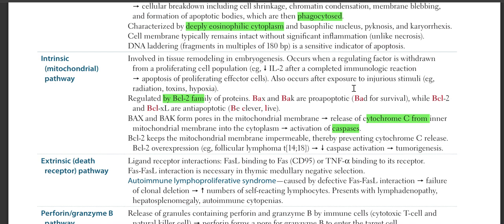So these are the three things you need to remember. One, BCL2 gets damaged. Because BCL2 is damaged, you have cytochrome C released from the mitochondria. This cytochrome C activates the caspases, and then the caspases activate the proteasomal enzymes, which then lead to breakdown of all the inner structure of the cell.